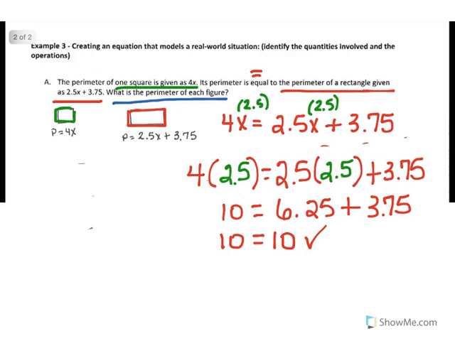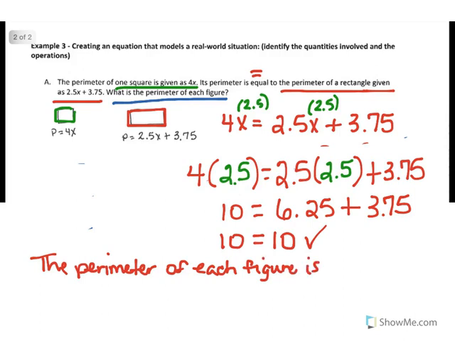So the perimeter of each figure is 10. You always want to write your answer for a word problem situation like this in complete sentences. And a lot of times that would help you to make sure that you're not choosing the wrong answer choice.